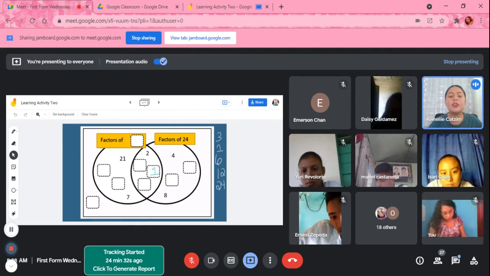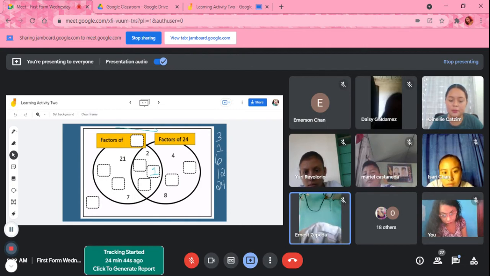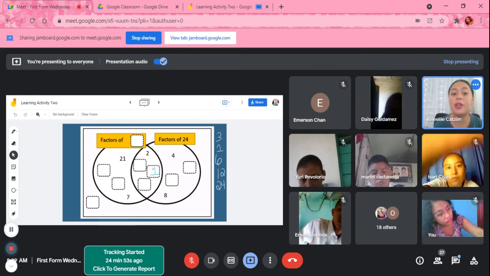Why would you say 42? The student notes that the missing number is an even number, because there's a 2 in the middle. Very good, that's a good observation. We can see that it is an even number because we have 2.